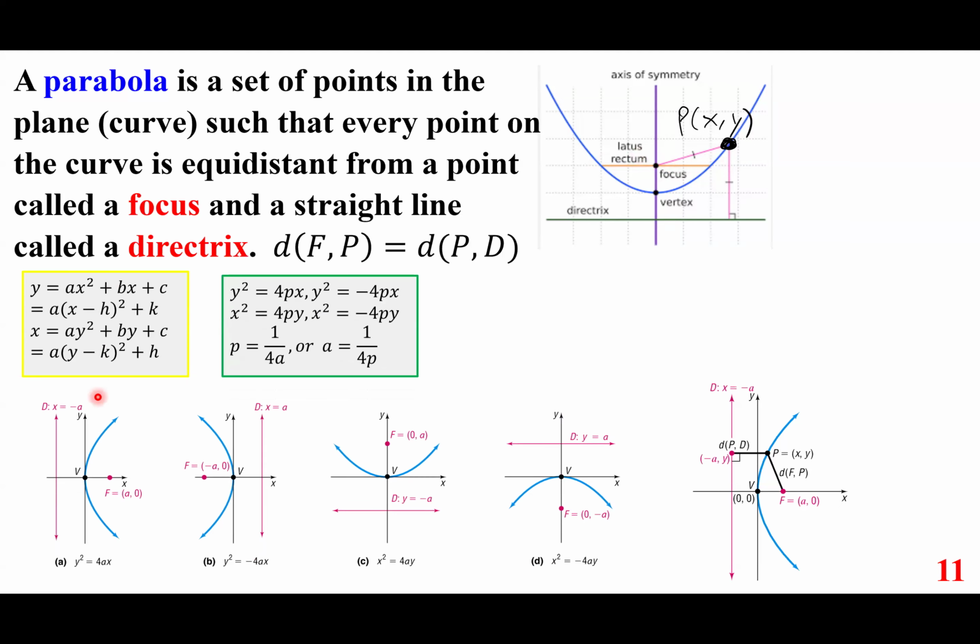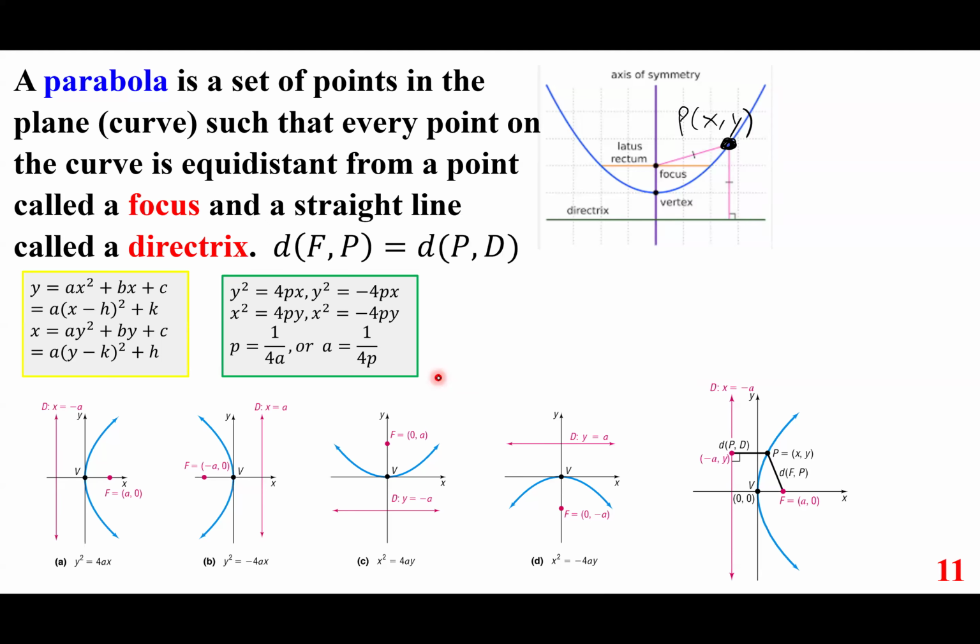Okay, these are the equations. y equals ax squared plus bx plus c, or a times (x minus h) quantity squared plus k, or ay squared plus by plus c, or a times (y minus k) quantity squared plus h. These are the ones that we've seen in previous algebra courses. Now, basically, you solve for y squared or x squared, and it becomes the format used here.